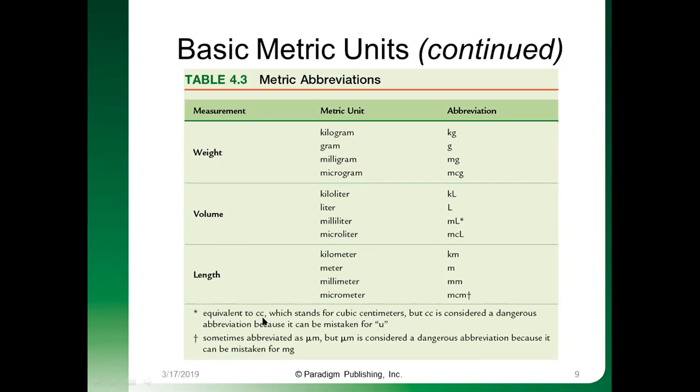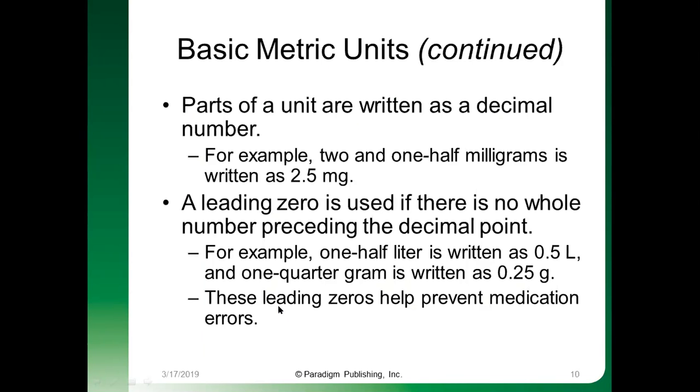So sometimes you'll see physicians write cc instead of mL. Basically these are the same, okay? Cc stands for cubic centimeter, but cc again is considered a dangerous abbreviation because it can be mistaken for a U. So we like to see mL, but some physicians still like to use cc next to whatever they're measuring in liquid form.